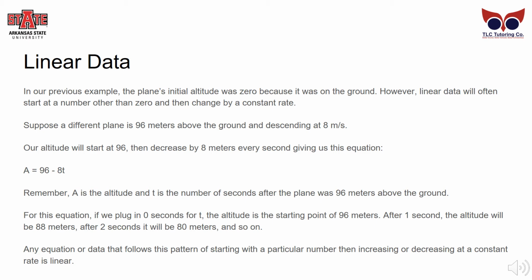For this equation, if we plug 0 seconds in for t, the altitude is the starting point of 96 meters. After 1 second, the altitude will be 88 meters, after 2 seconds 80 meters, and so on. Any equation or data that follows this pattern of starting with a number and then increasing or decreasing at a constant rate is linear.